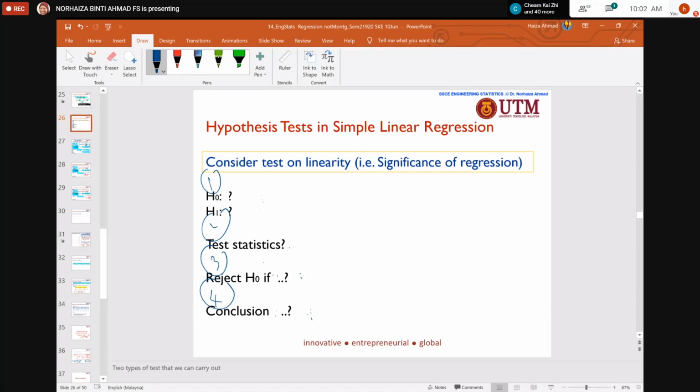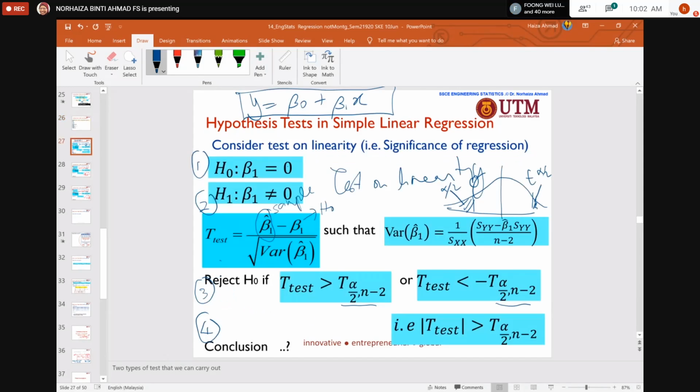Okay. Now for this hypothesis test on simple linear regression, particularly on beta 1, I'm going to use this form of model, beta naught plus beta 1 x. If I write y equals alpha plus beta x, that means here I want beta. So beta here would represent the slope of this model.